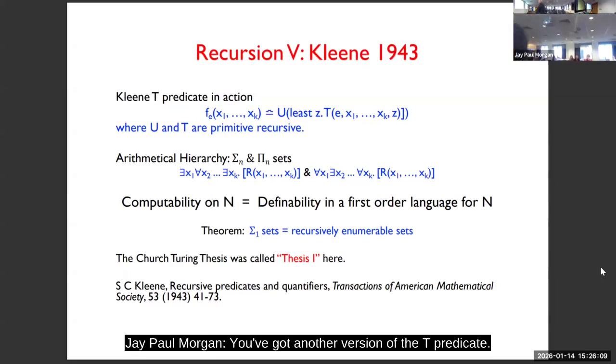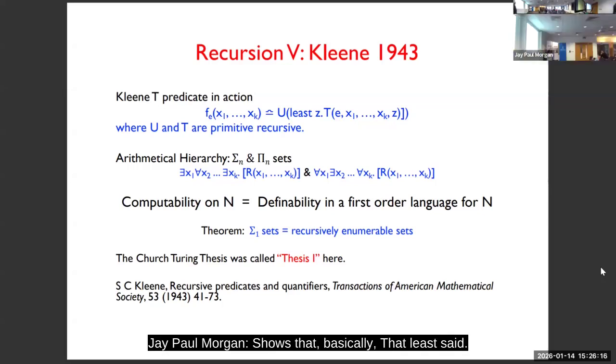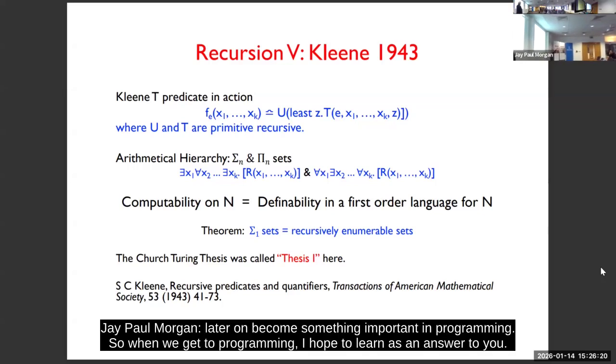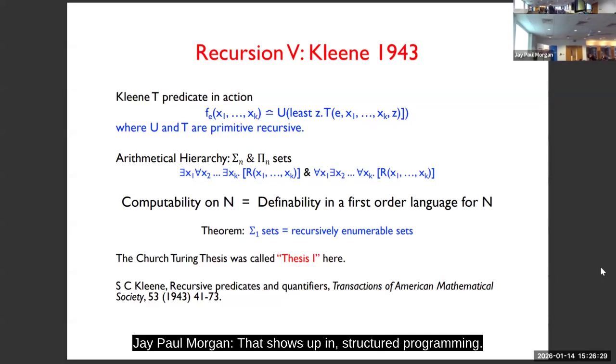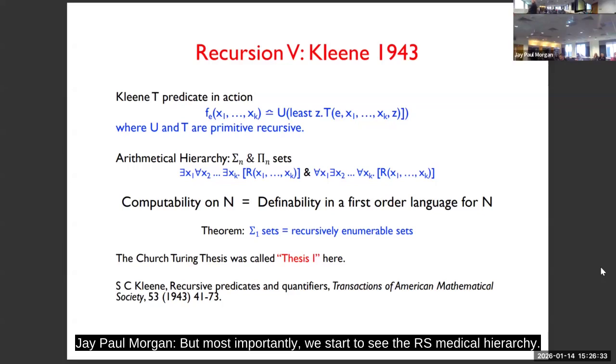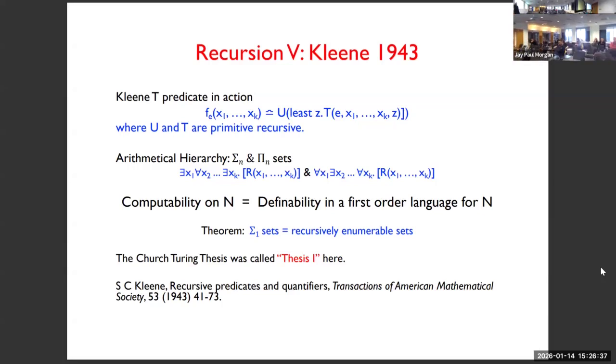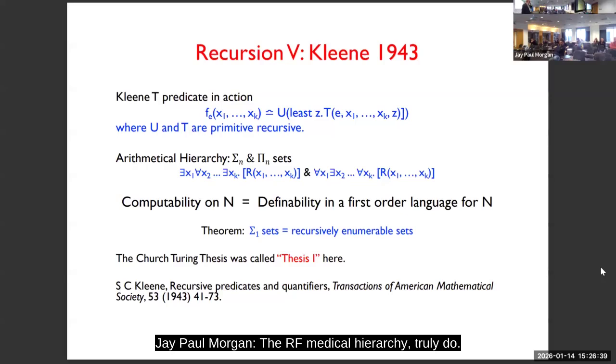You've got another version of the T predicate, which is very important, where primitive recursion shows the least search later on becomes something important in programming. When we get to programming, I hope to remember to mention how that shows up in structured programming. But most importantly, we start to see the arithmetical hierarchy.